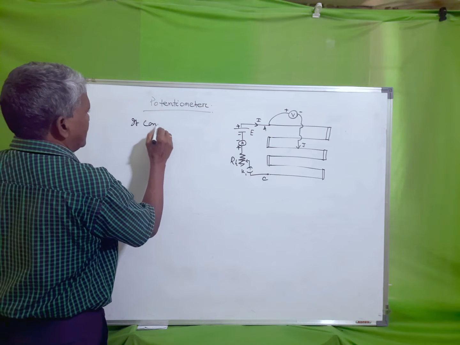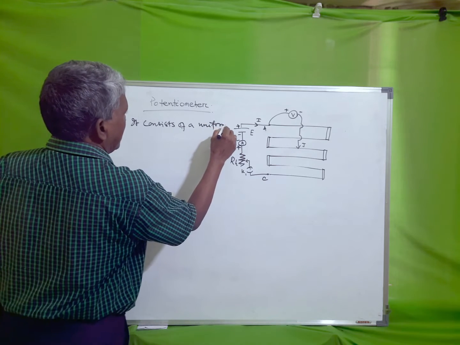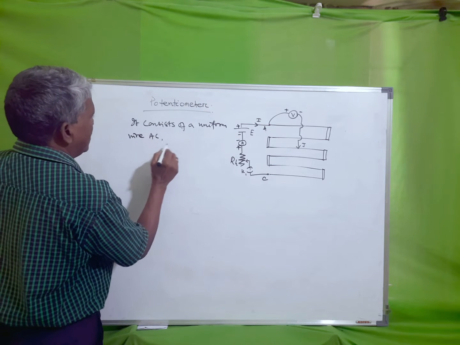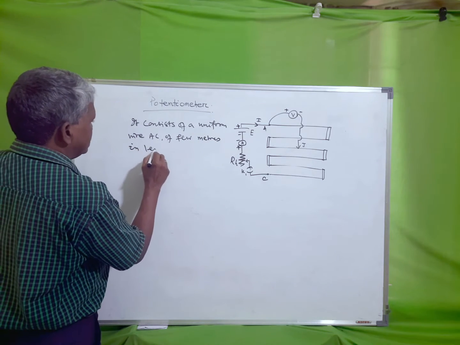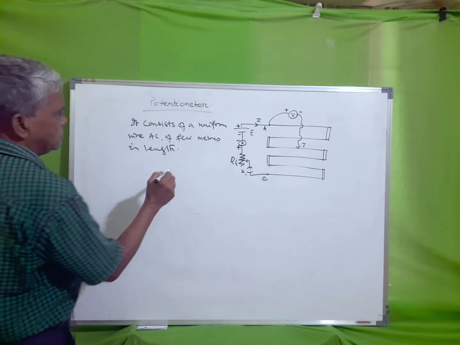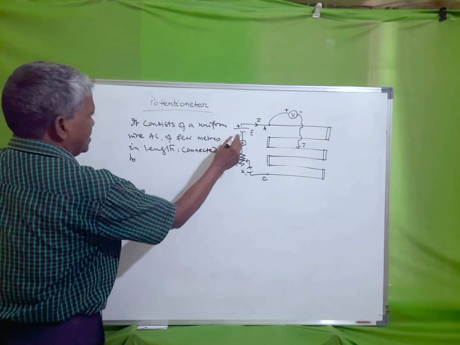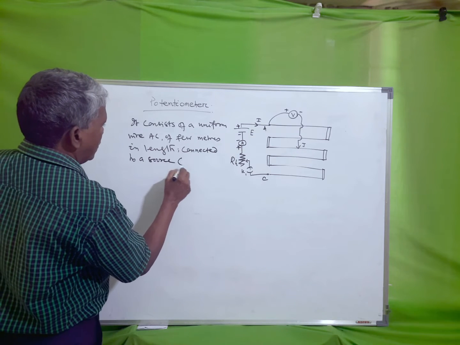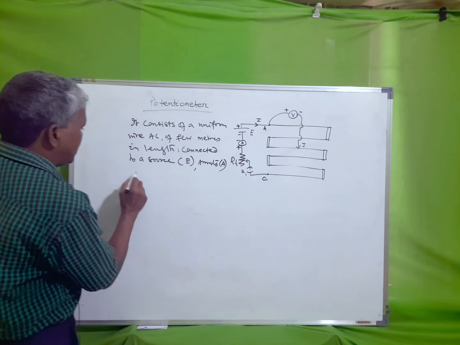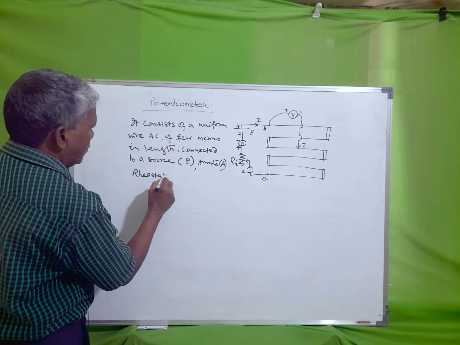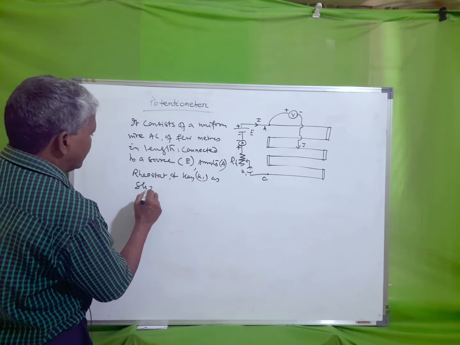It consists of a uniform wire AC of a few meters in length, connected to a source, a rheostat and a key K1, as shown in the figure.